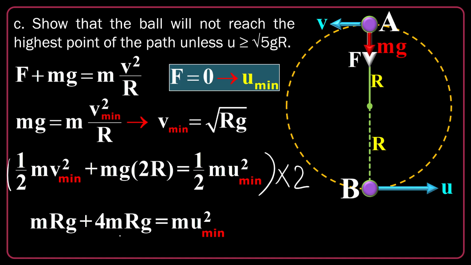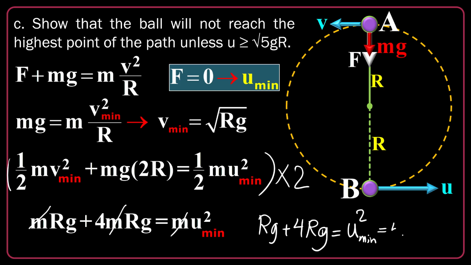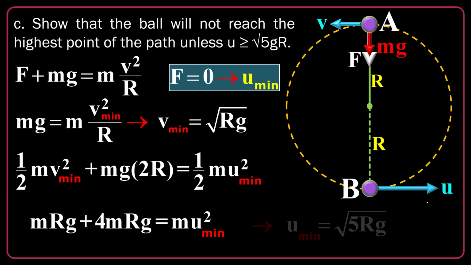This is the outcome, and then we can drop the masses. Here we have rg plus 4rg is equal to u squared, u minimum. So u minimum squared is going to be 5rg. And then we can take a square root and get the result. u minimum is going to be the square root of 5rg. Less than that, the object cannot get to the point A because the string is not going to be taut at the point A.